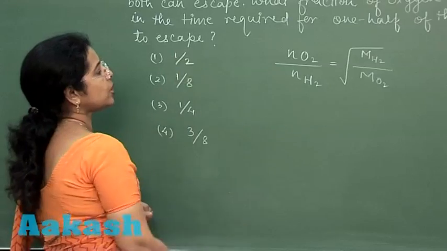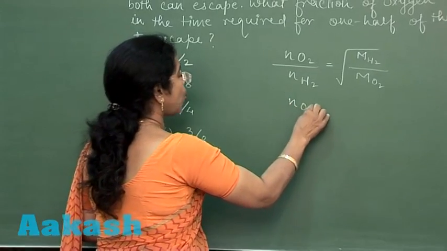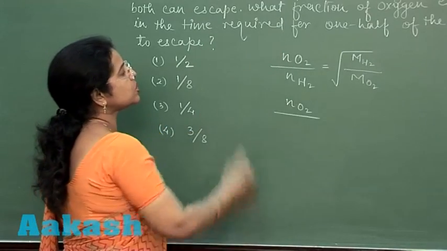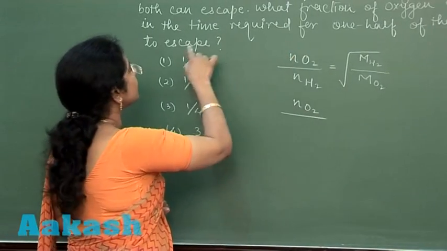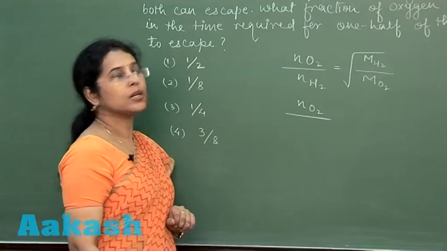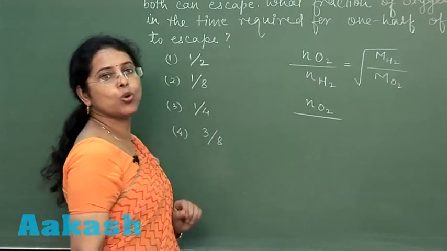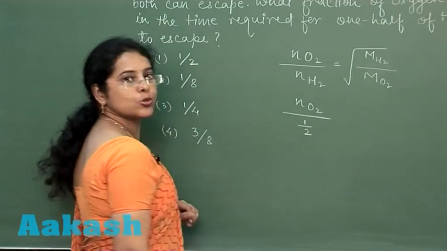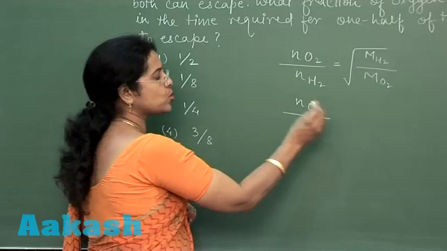Now we have to find out the number of moles of oxygen gas diffused, and in this question it is mentioned that 1/2 of the hydrogen escapes. Initially we took 1 mole of hydrogen and 1/2 mole has escaped. So the number of moles of hydrogen is 1/2.